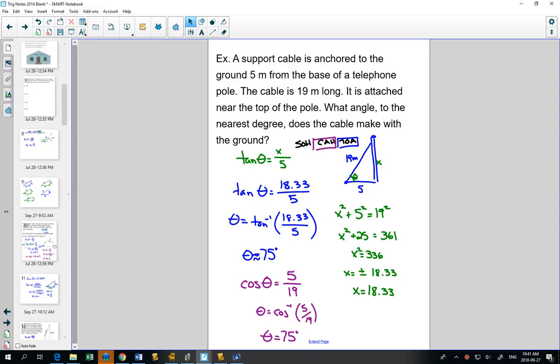If we know all three trig ratios, sine, cos, and tan, and their definitions, there's always going to be one that can do it faster. In this case, since we knew the adjacent side and the hypotenuse, if we use the definition of cosine, we get the answer in just 3 purple steps.